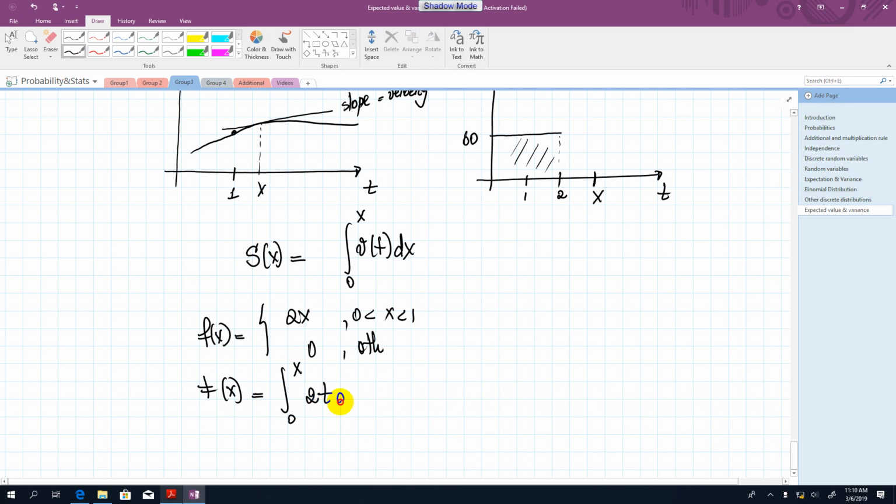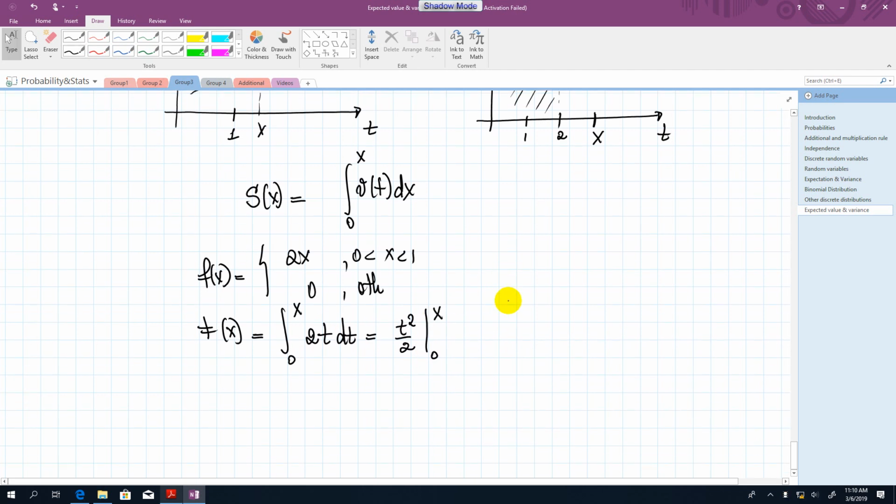So this will be t squared from 0 until x. Then this is equal to x squared. The cumulative distribution function is equal to x squared. Oh, okay. Sorry, just t squared.